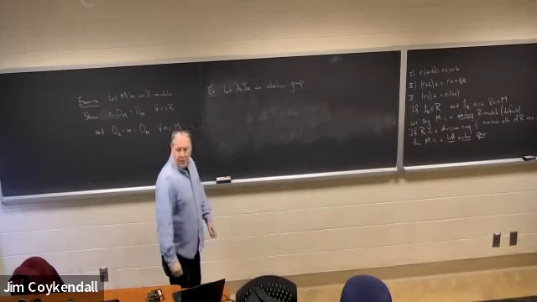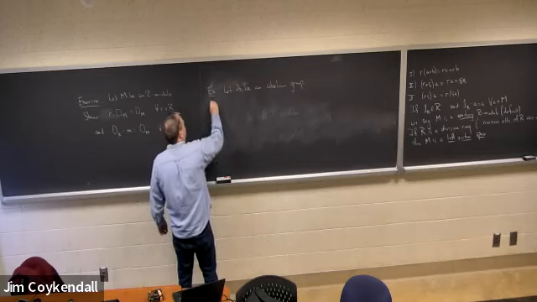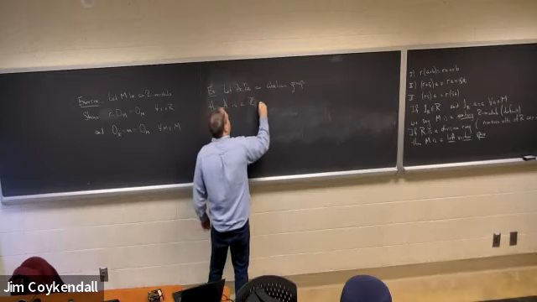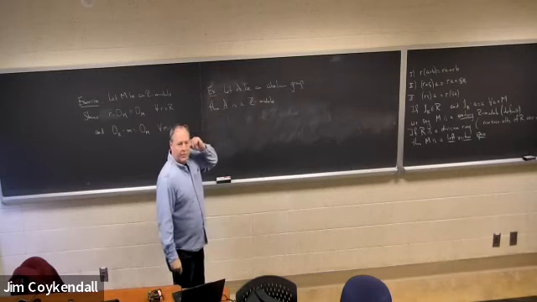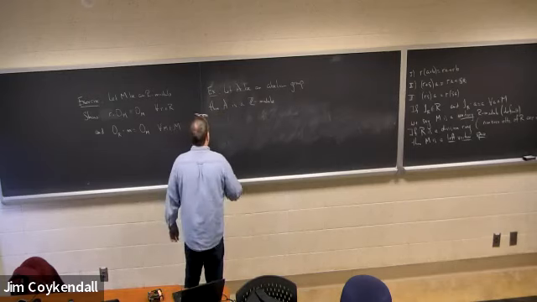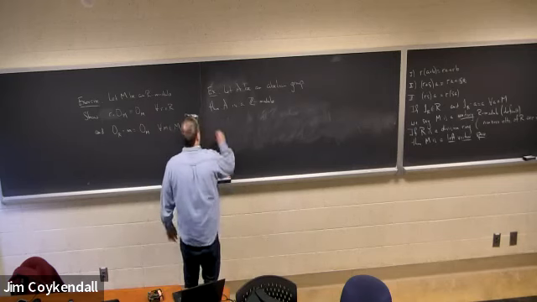Let it be any abelian group that you want. Then A is a Z module, where Z is the ordinary integers. Right? And let me tell you how that module structure works. I've got to tell you how the scalar multiplication works, right?